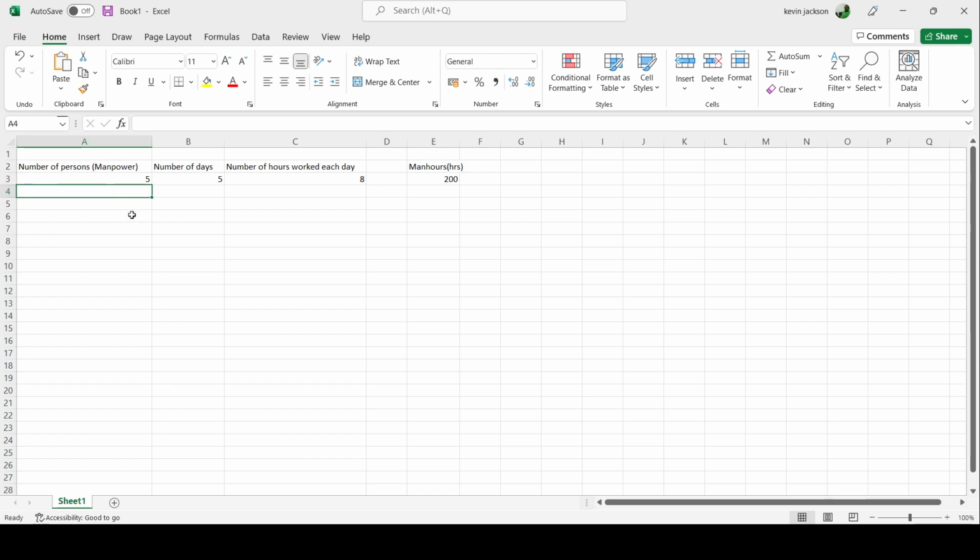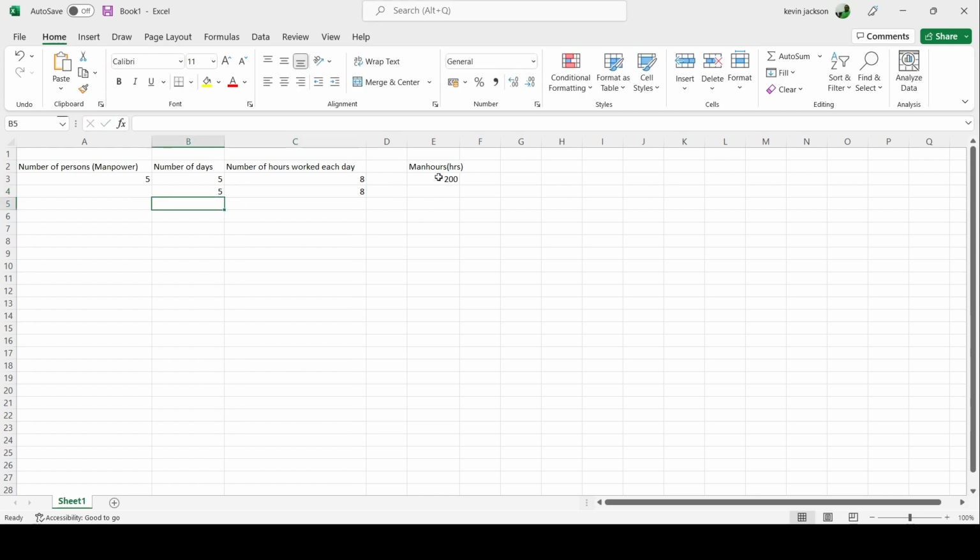All right. So let's say you want to know, in the same 1 week, working 8 hours a day each, how many persons, how much manpower would I need to complete 1,000 hours of work in 1 week? We already know that we want the work done in 1 week, and we already know that everybody works a maximum of 8 hours.